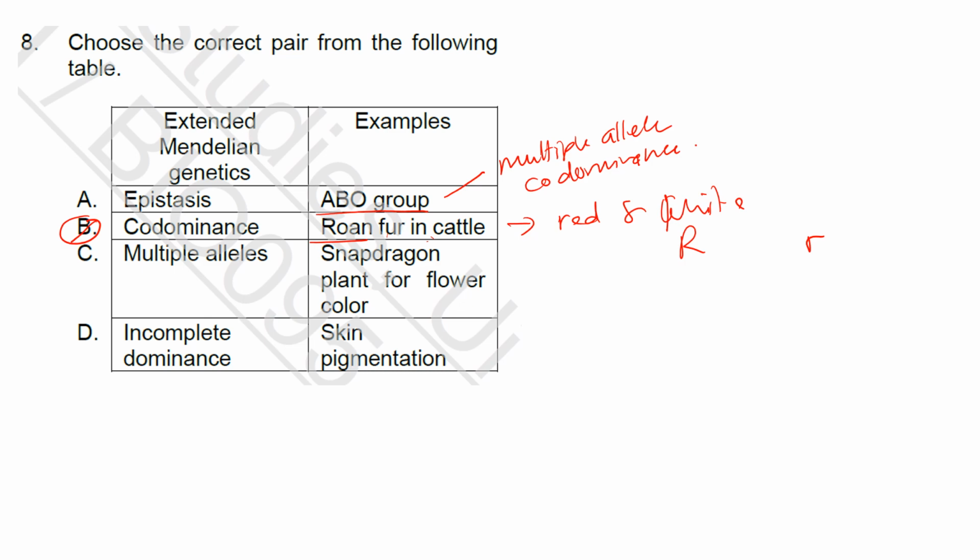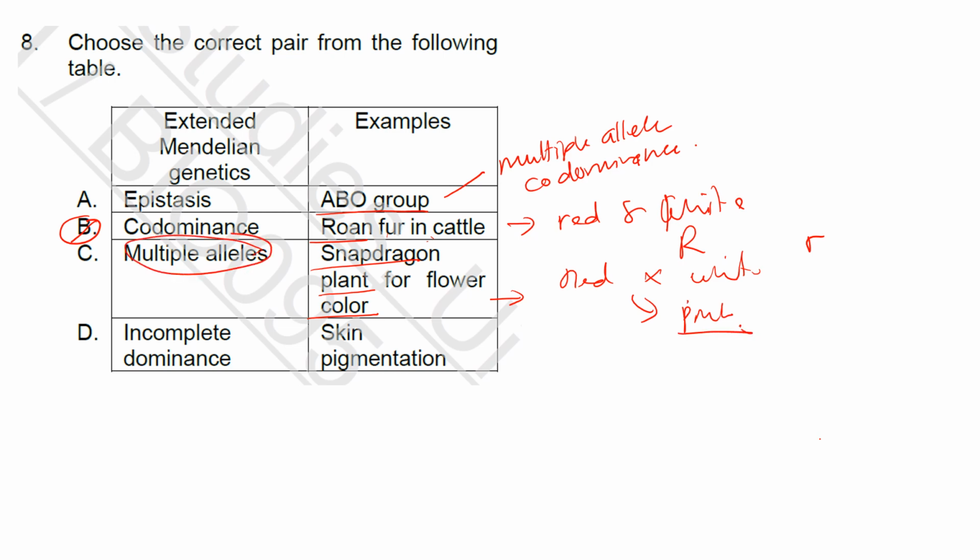Okay, so multiple alleles, example snapdragon plant for flower color. Snapdragon plant for flower color actually exhibits incomplete dominance, where a red flower crossed with a white flower produces offspring with an intermediate phenotype, which is pink. So an intermediate phenotype is incomplete dominance actually.